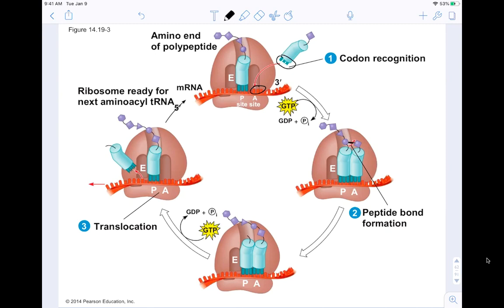Then we have our little empty tRNA here that's going to move over to the exit, and our new tRNA is then going to move to the P site. That's what we see happening in step three, translocation. We have transferred the location of our tRNA molecules. We are releasing one and we are growing our chain here. And now we are ready to receive the next one.